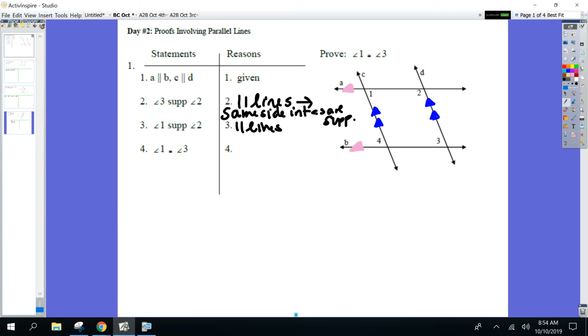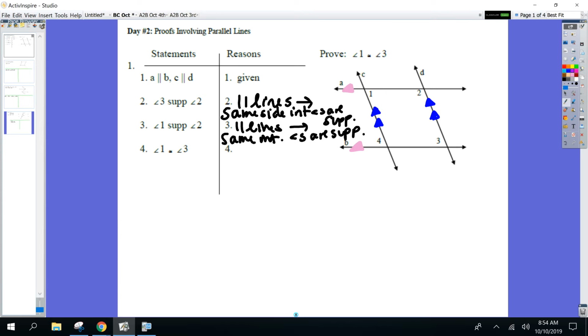Parallel lines imply same side interior angles supplementary. Now, if you were doing this proof on your own without me writing it in, you could combine statements 2 and 3 into one because they have the same reason. That would be fine. Oh, and then we get to the clincher now.